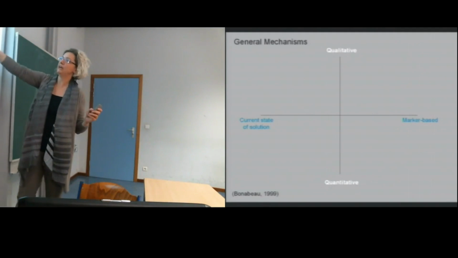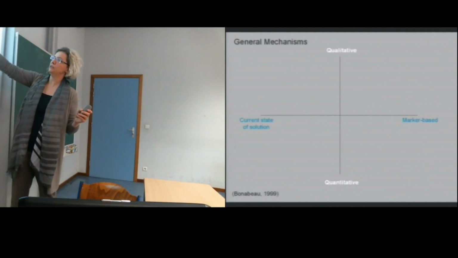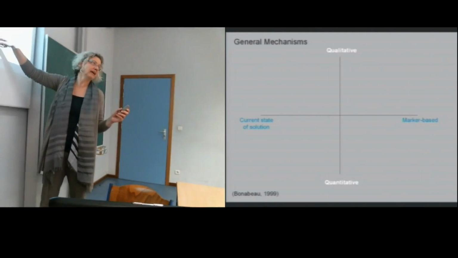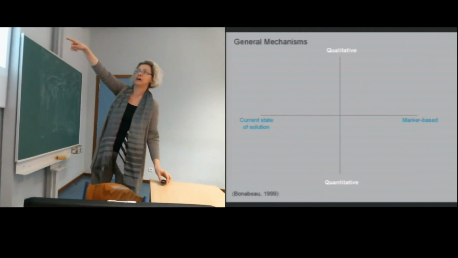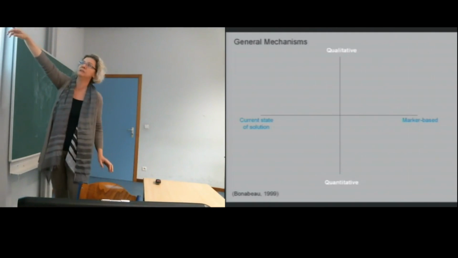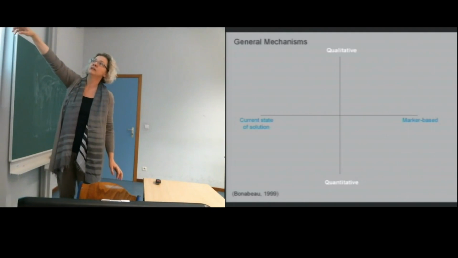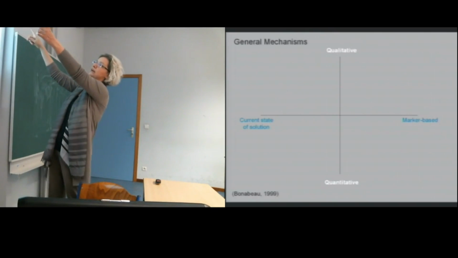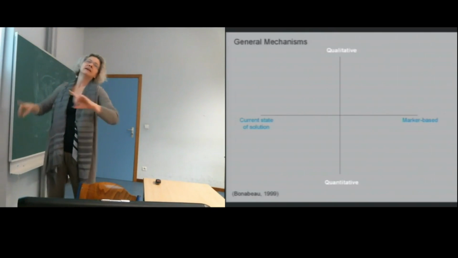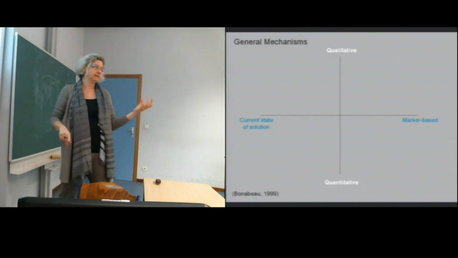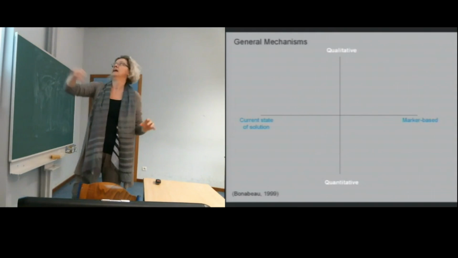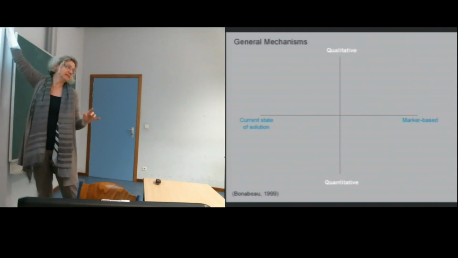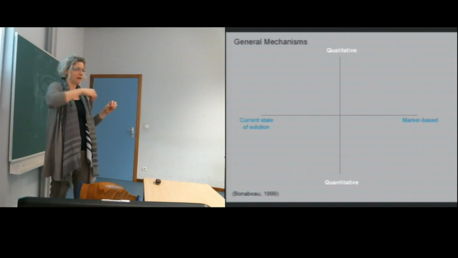One, it's about differentiating between quantitative kind of Stigmergy and qualitative kind of Stigmergy, which now I'm going to show with examples. And the other one, which is to distinguish between something that it's being read as the current state of a solution, like the nest, and something that it's marker-based, like the streets with the pheromone.